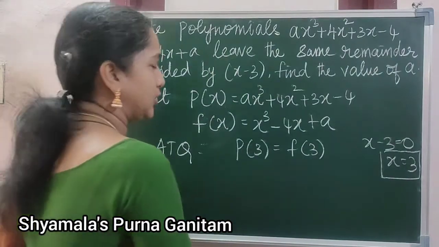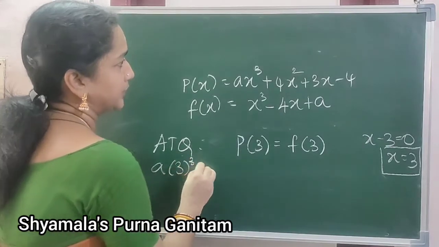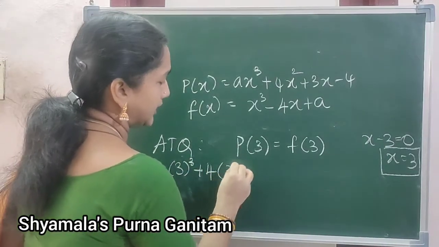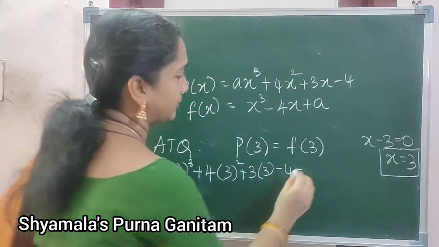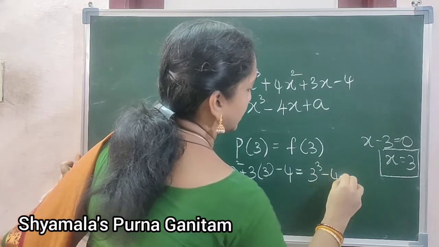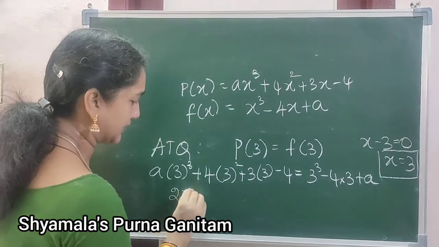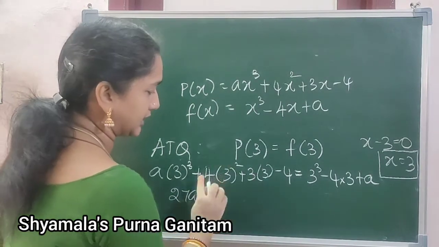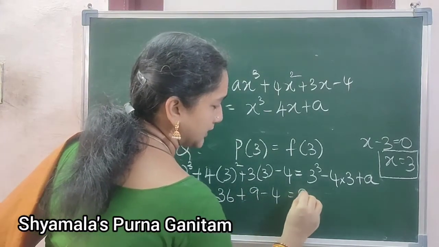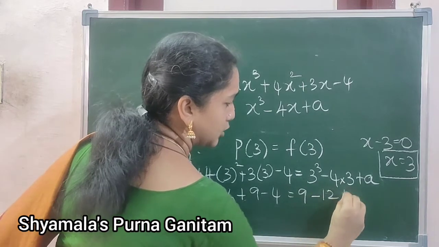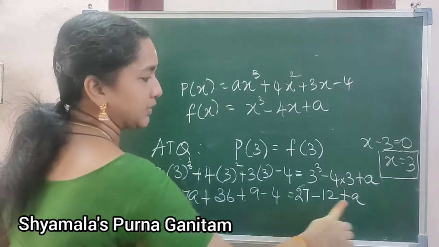That means, instead of x, you will be substituting 3. 3 cube a plus 4 into 3 square plus 3 into 3 minus 4 is equal to 3 cube minus 4 into 3 plus a. Okay, so this one is 27a plus, 3 3s are 9, 9 4s are 36, plus 3 3s are 9, minus 4, is equal to 3 3s are 9, 9 3s are 27, 27 minus 12 plus a.